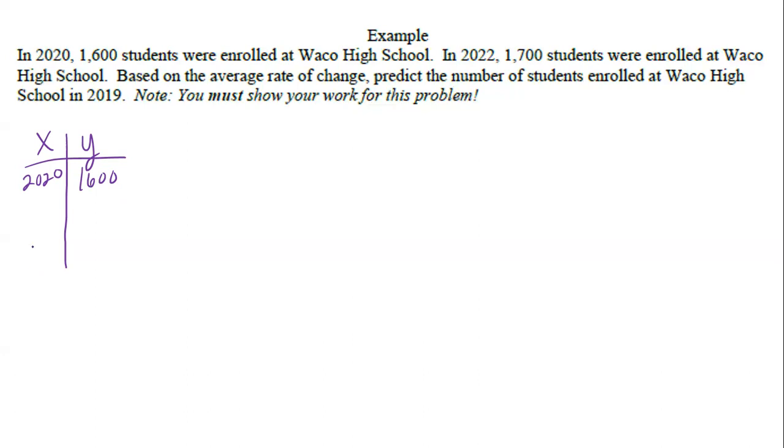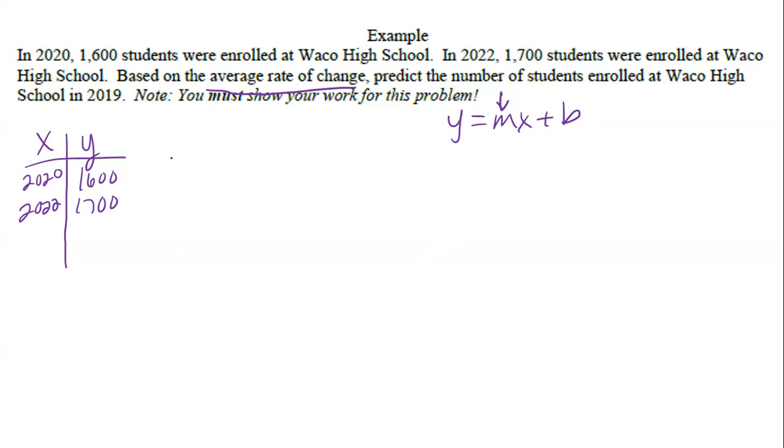And in 2022, there were 1,700 students at Waco High School. It says, based on the average rate of change, predict the number of students enrolled at Waco High. So we have to find our average rate of change, and we're using y equals mx plus b. Our average rate of change is going to represent our what? Our slope, right?